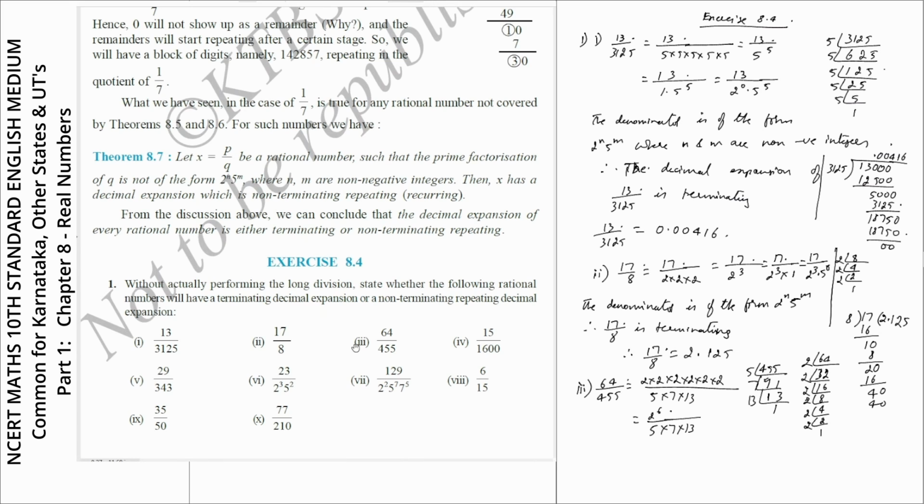So the denominator is not in the form of 2 power of n into 5 power of m. Therefore, the decimal expansion of this number is non-terminating repeating. Therefore, 64 by 455 is non-terminating repeating.